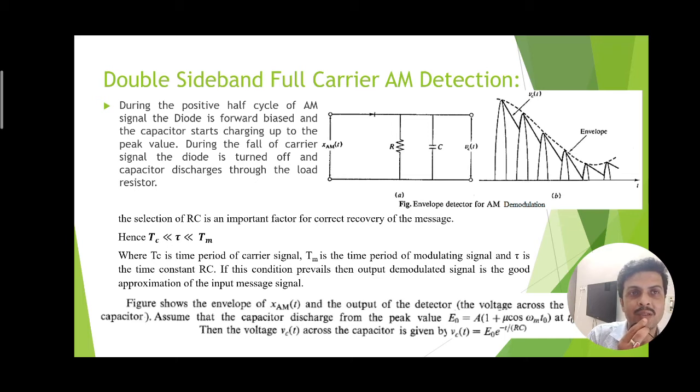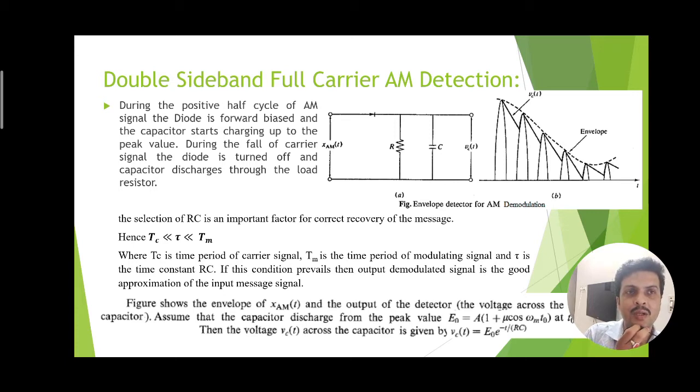So the capacitor's stored charge will be discharging through the load resistor, but this time will be longer, as the choice of capacitor and resistor is such that the product of R and C produces the time constant of the circuit, which is much higher compared to the time period of the carrier signal, but very small compared to the message signal time period.